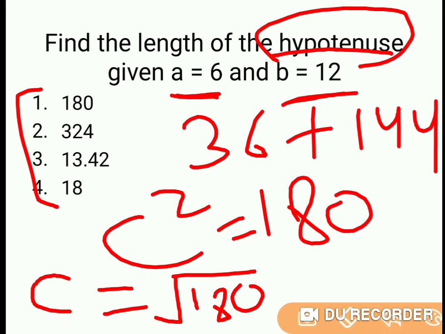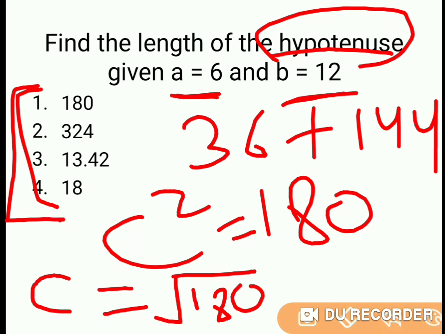But in our options, there are four options. In those four options, there is no option as root 180. So which is the correct answer? That you need to identify. So you should have an idea about the value of root 180.